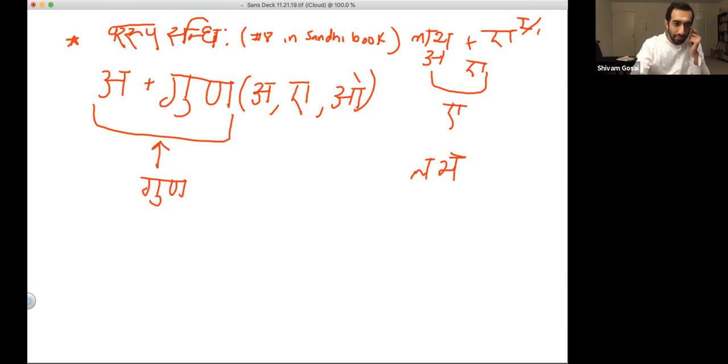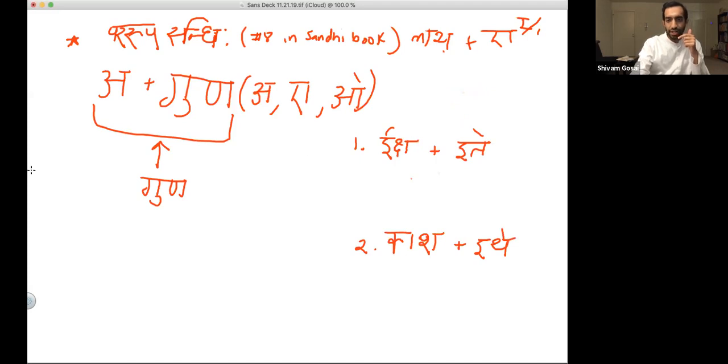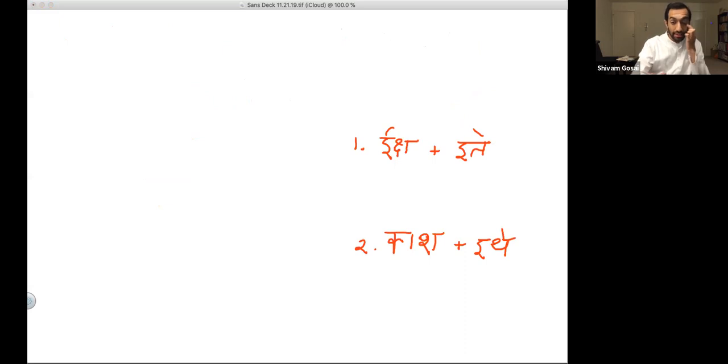Okay, so let me erase these things here. And let's look at some different examples. So if I have iksha plus ite, this is that guna sandhi.